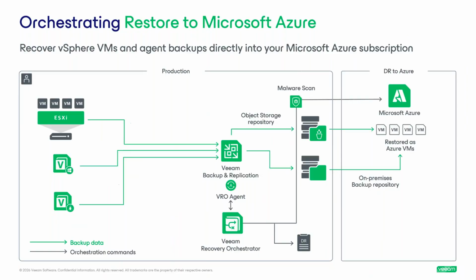Orchestrating restore to Microsoft Azure. You can do this a couple of different ways. So obviously, we've got prod, we've got DR to Azure. One of the things that isn't necessarily depicted here is that we are potentially taking data to object storage.